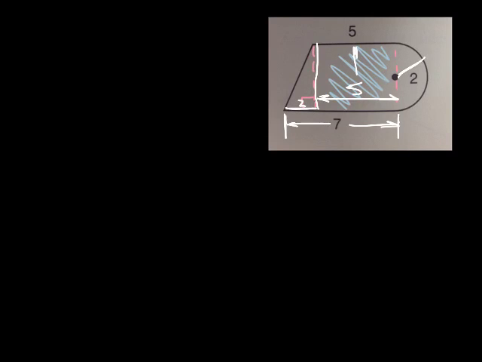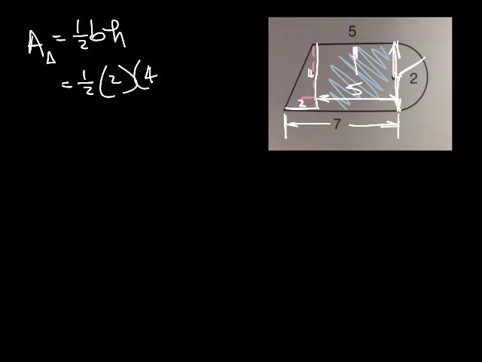Well, if the radius is 2, then it's 2 to here, and it's 2 down there. So the whole length of it is going to be 4. So my area of my triangle is going to be 1/2 base times height, or 1/2 2 times 4. So that's going to give me 4. So the area of this triangle is going to be 4.